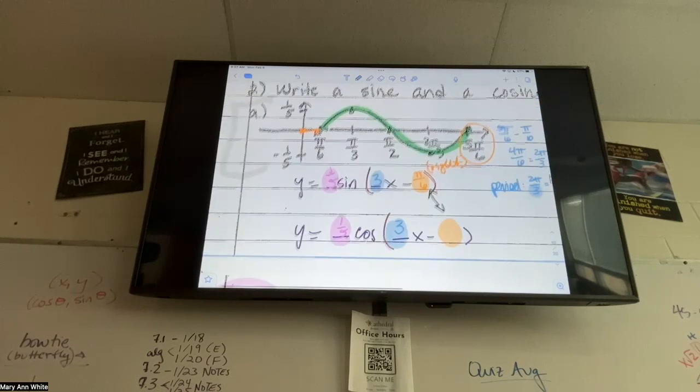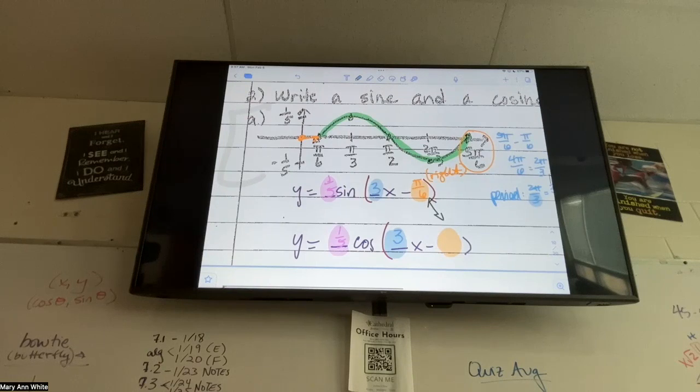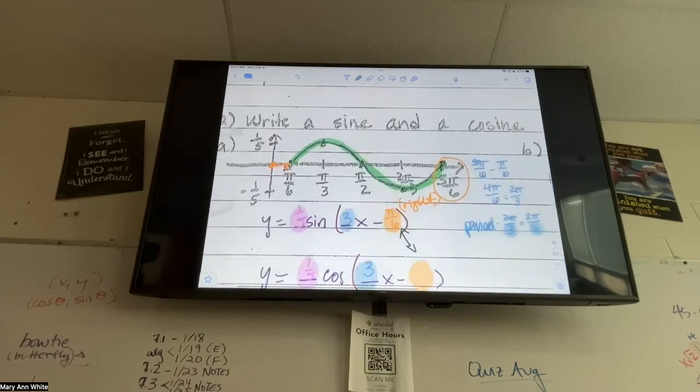All right, the only thing that's different is my period shift for cosine. So I want to look at my graph and see where would cosine start. Remember, cosine starts high and ends high, and then its middle point is the lowest point. So what's the highest point on my graph? What x value has the highest point on my graph? Good, pi over 3.